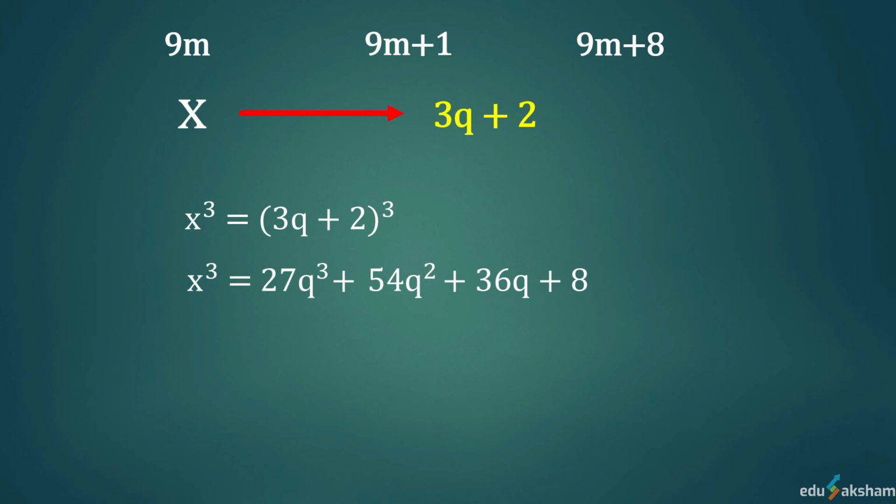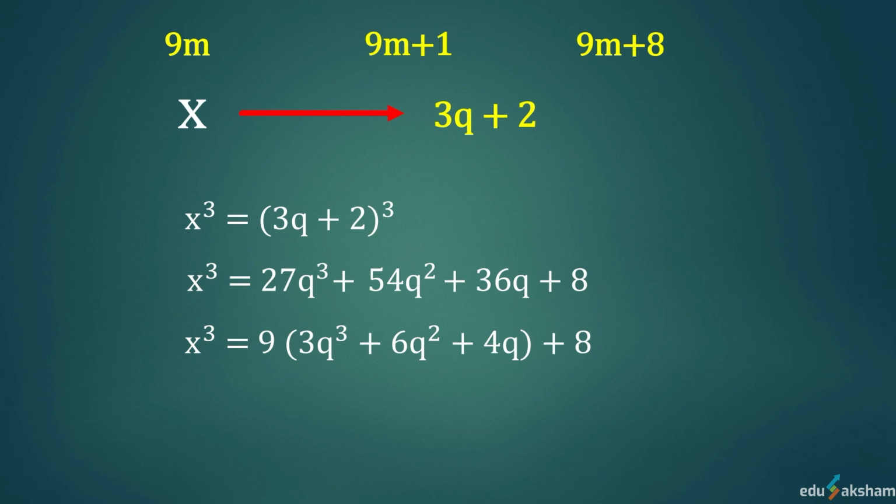In this expression, 27q cube, 54q square and 36q are all multiples of 9. So, by taking 9 common, we can write x cube equals 9 times 3q cube plus 6q square plus 4q, plus 8.